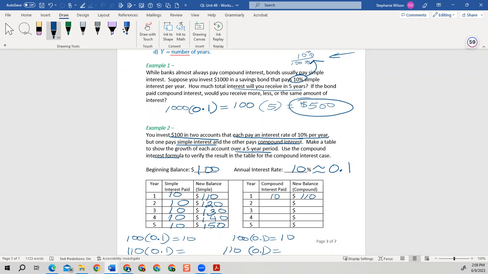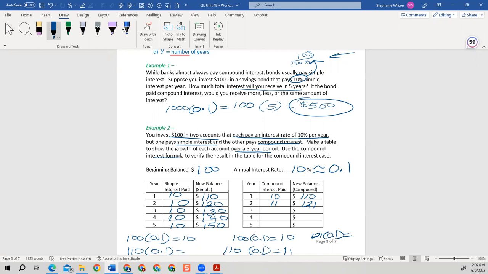So 110 times that 0.1 gives me $11. I'm going to put 11 here, and I'm going to take that 110 and add 11 to it, and it gives me $121. And then I'm going to take that $121 and multiply it by 0.1. Oops, and I could do the shortcut.